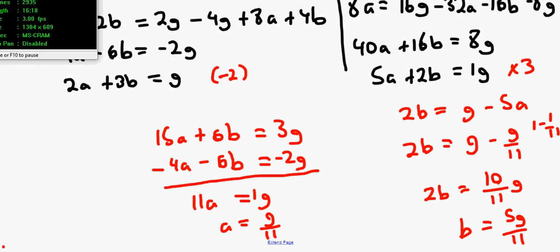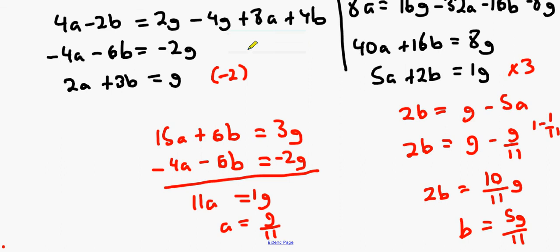God, lads, I made such an easy mistake there. 5 times a is 5g over 11, that makes it 6g over 11, which makes b 3g over 11, because you divide it by 2. Sorry about that. So a is g over 11 and b is 3g over 11, I'll just check down there, correct.